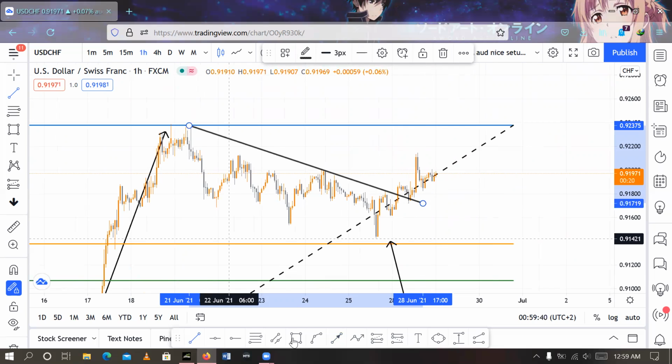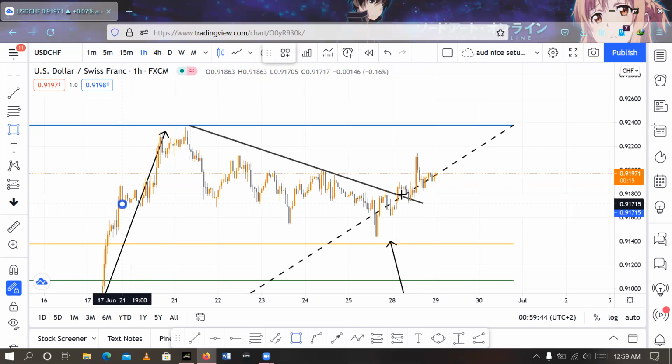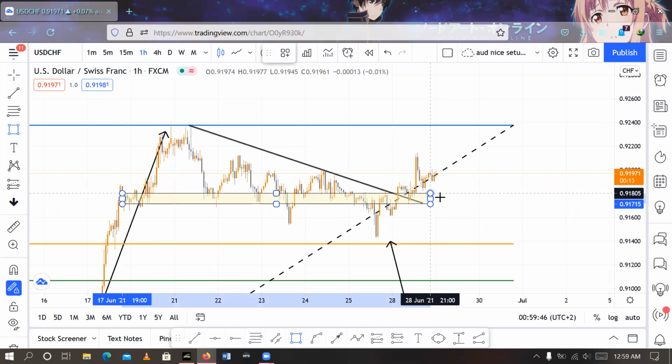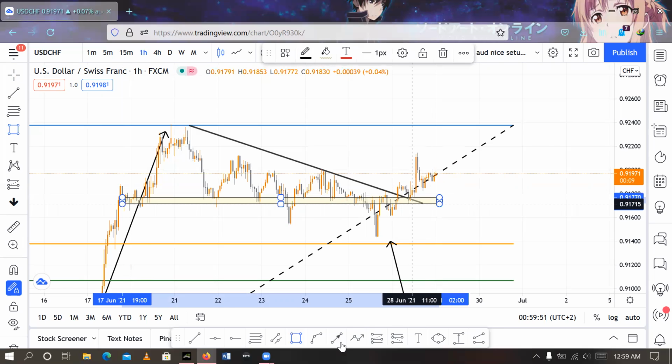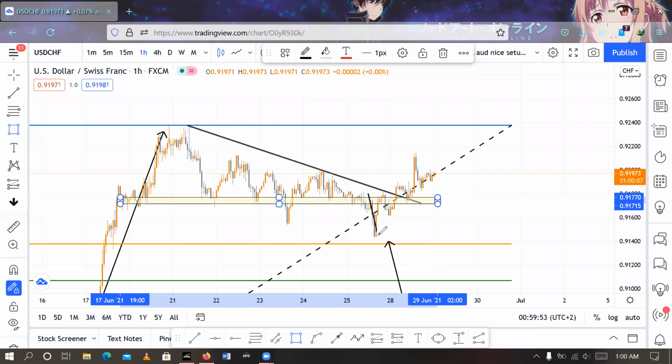Remember that this area here is our level on the 4-hour time frame here, right? Where the market had actually made a fake breakout here and then pushed to the upside again here, right?